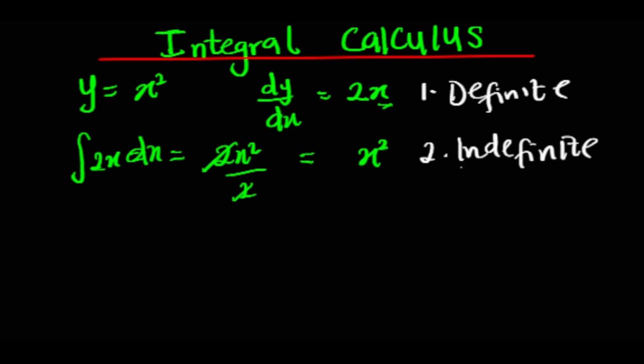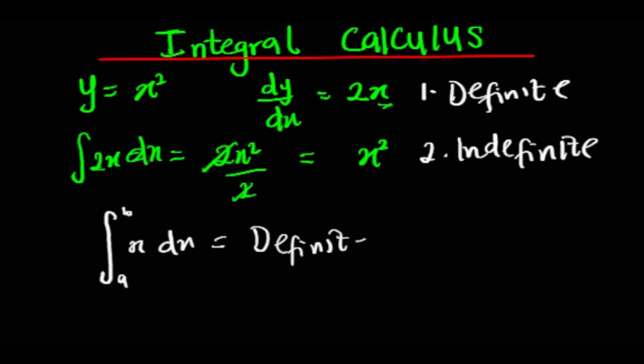The difference between the definite and indefinite integral calculus is that whenever we are integrating with limits, in this case, this is referred to as definite integral calculus, and the reason why it is definite is because it is actually being defined. That is, the value of x is defined by this lower and upper limit, right? So in this kind of situation, this is a definite integral.